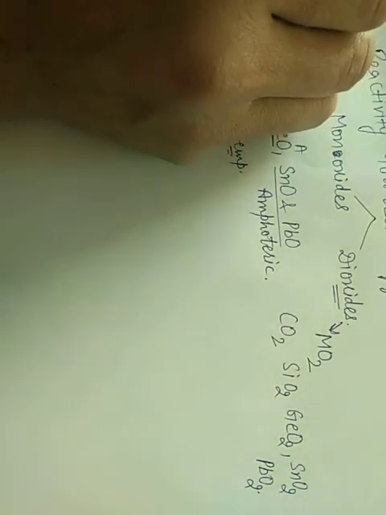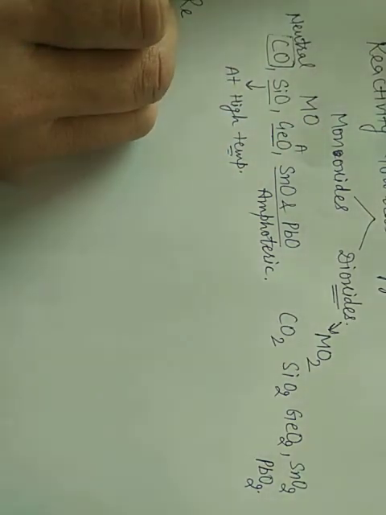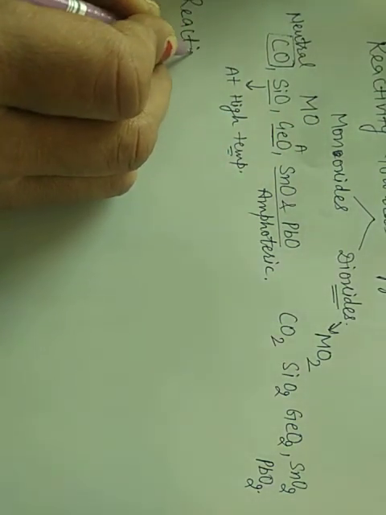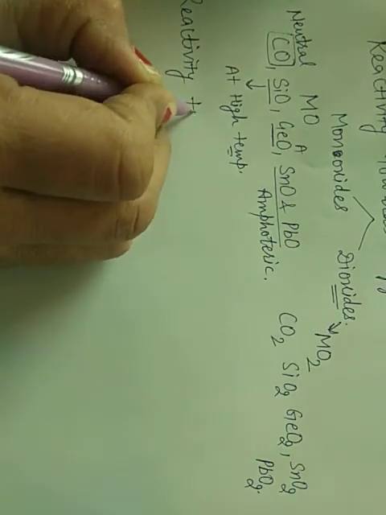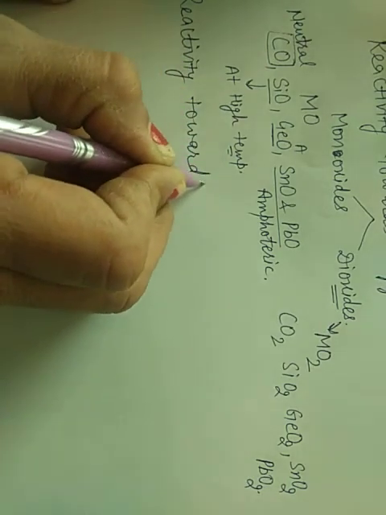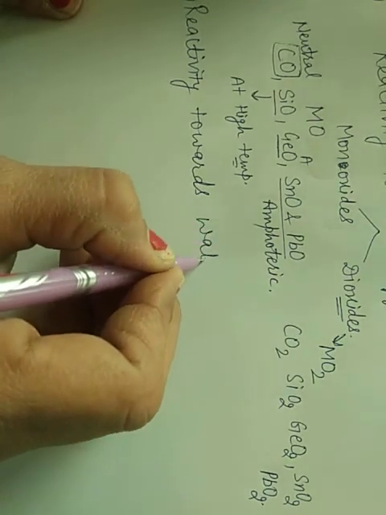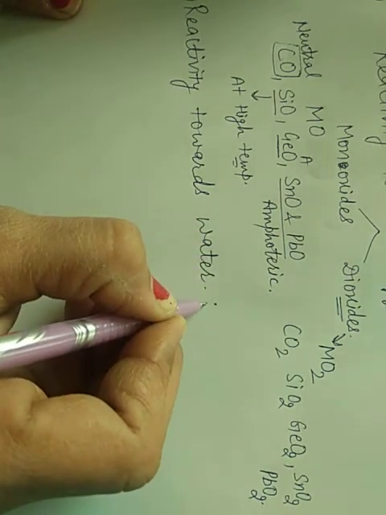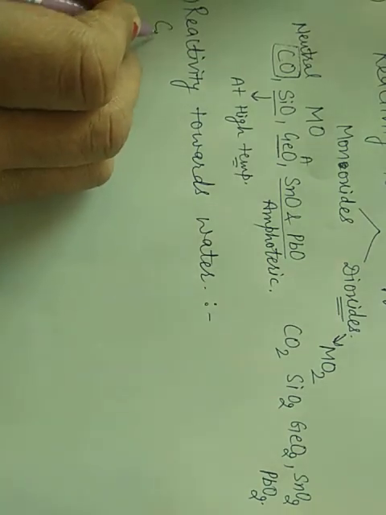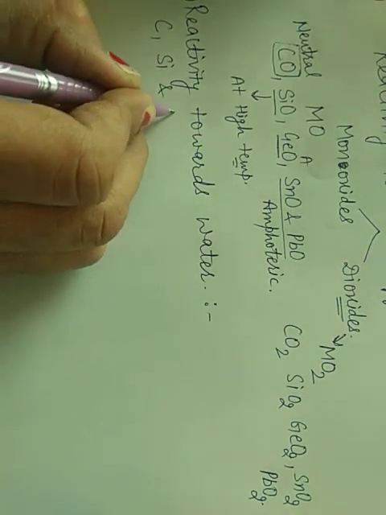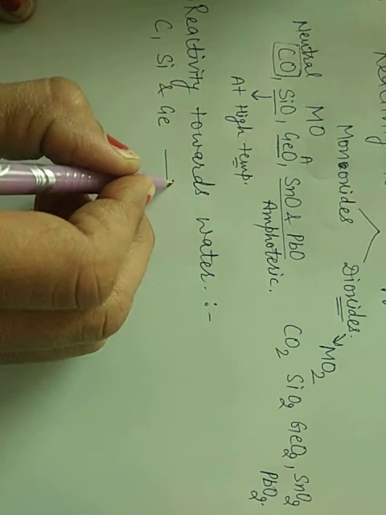Now next is property number 3, reactivity towards water. In this case, carbon, silicon and germanium don't react with water.